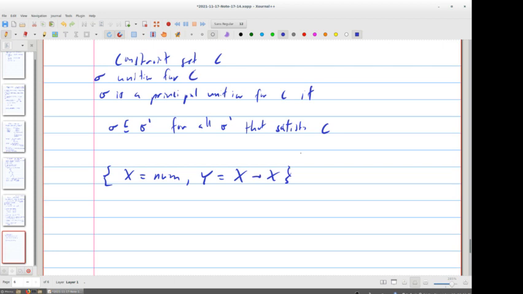If you've got a type substitution sigma, then you can apply it. We also have this idea of applying a type substitution to the constraint set, and all that does is go into all the types and apply the substitution to them. Now we could ask the question for this constraint set, what's a principal unifier?